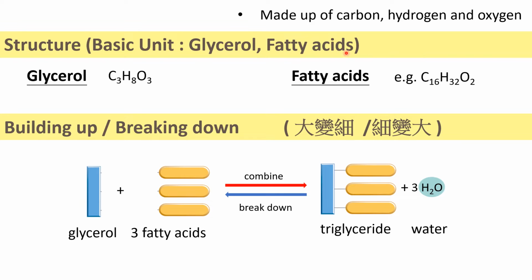And even in the basic unit of fatty acids, there is much more carbon. So the fats or triglycerides can be formed by combining the basic units, or our body can actually break them down back into the basic units as well.